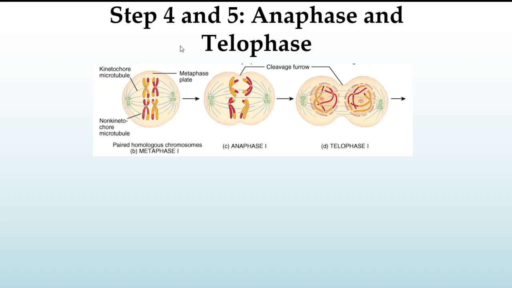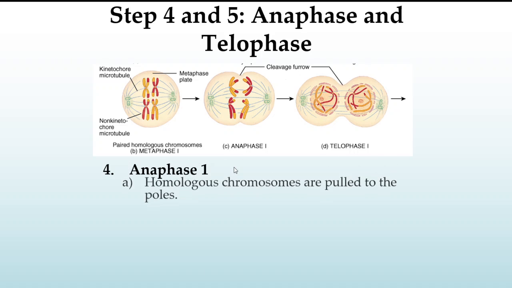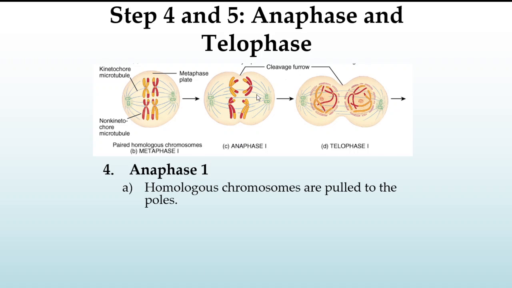And then step 4 and step 5 is what we call anaphase and telophase. So what does that mean? What happens now is we're splitting up the homologous pairs with our crossing over, right? In anaphase 1, they're pulled to the separate sides of the cell. You can see they're starting to go towards their side. And then telophase is when we actually get the center part here to show up.